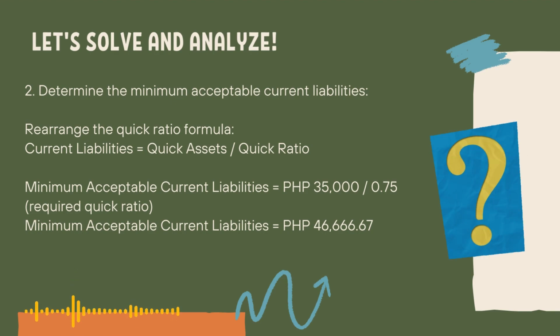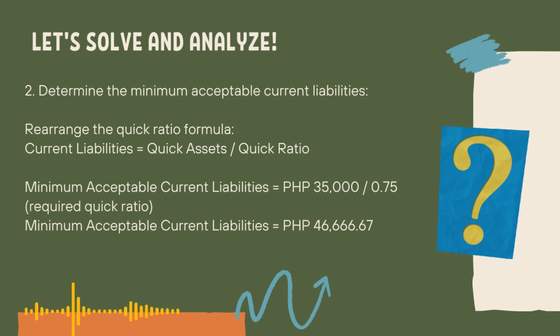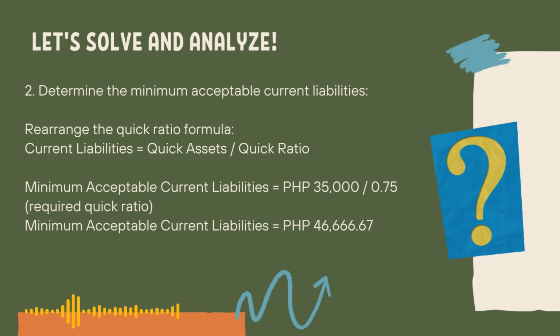So the minimum acceptable current liabilities is equal to the 35,000 pesos quick assets divided by the 0.75 required quick ratio of the bank. Now that will give us 46,666 pesos and 67 centavos of minimum acceptable current liabilities.